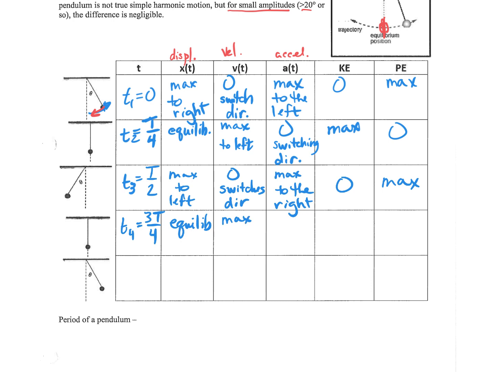It's maxed to which direction? Yep, maxed to the right. Good. We can see that. If the velocity is at a max, what's happening to the acceleration vector at the bottom there? It's switching directions, isn't it? If it's switching directions, then what's the acceleration at that point? 0.